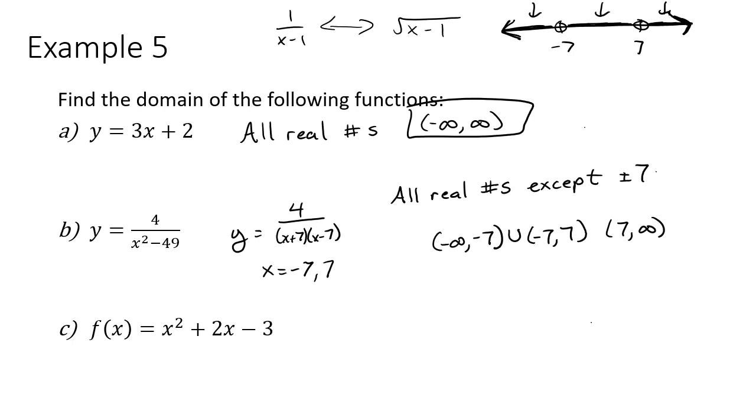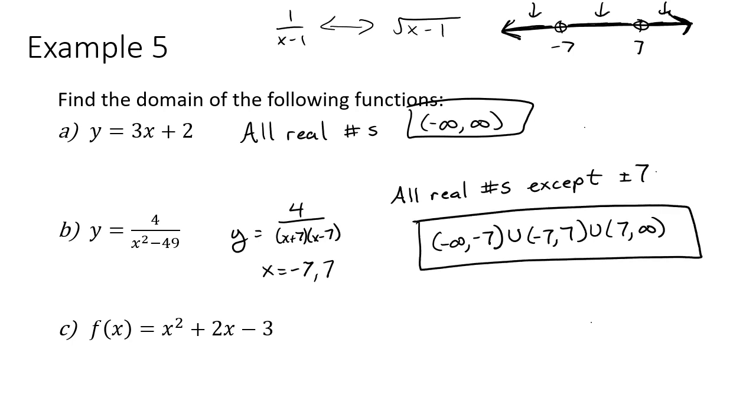And then just like with the inequalities, we join those pieces of the answer together with the union symbol. And so this is what it looks like when you have an entire number line from negative infinity to positive infinity, but with a gap at negative 7 and with a gap at positive 7. Common mistake here is that students just tend to forget the one in the middle. Negative 7 to positive 7 gets left off here pretty frequently.